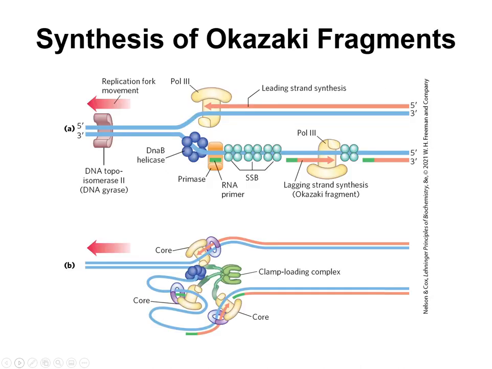Here are the pictures. So this is how we synthesize those Okazaki fragments. We're focusing on this strand here. So the leading strand, that's the top one, easy peasy, not a problem. And we're only showing the core polymerase here.